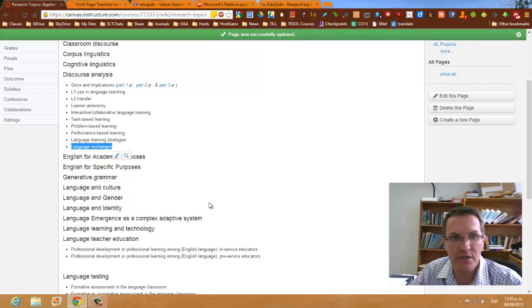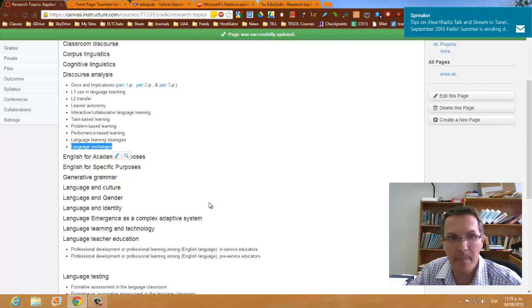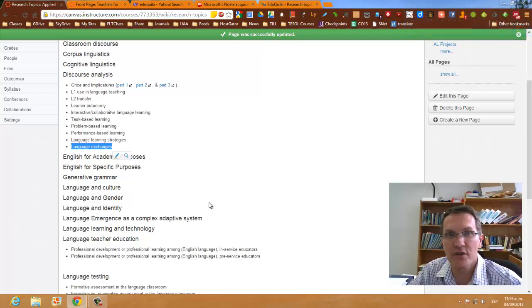You can look at language exchanges from a group standpoint, looking at how whole groups are doing their language exchanges. From a whole group language exchange, you could also focus on individual learners. Another option would be looking at language learners and how they're conducting language exchanges outside the class, individually, completely on their own.